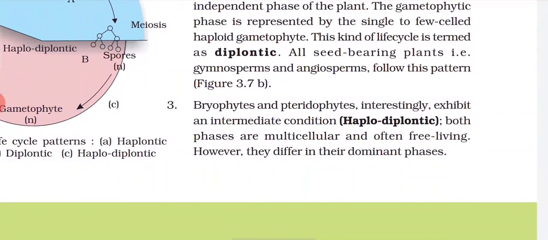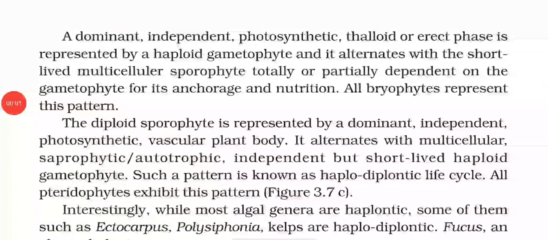Now, bryophytes and pteridophytes, interestingly, exhibit an intermediate condition, that means haplodiplontic. Both phases are multicellular and often free living. However, they are different in the dominant phase. A dominant independent photosynthetic thalloid or erect phase is represented by a haploid gametophyte.